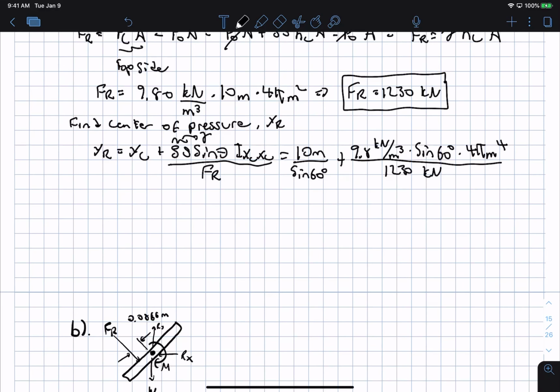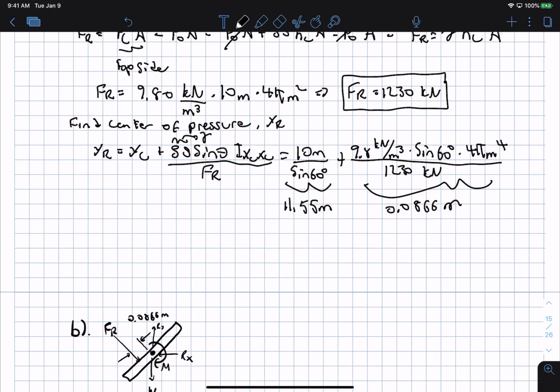Okay, and if we add this up, this term here gives us 11.55 meters, and this little addition here is 0.0866 meters.